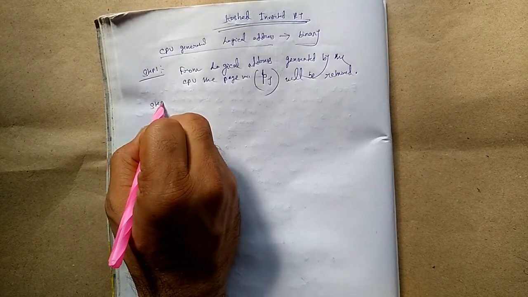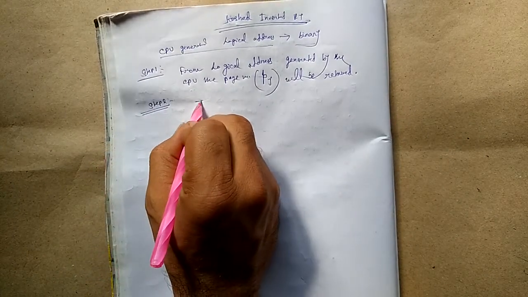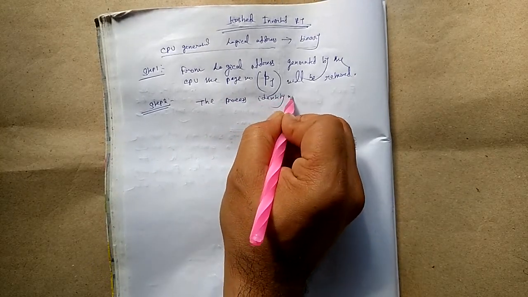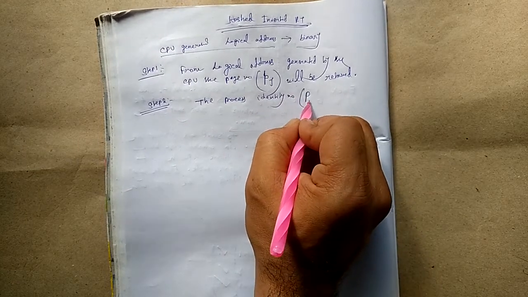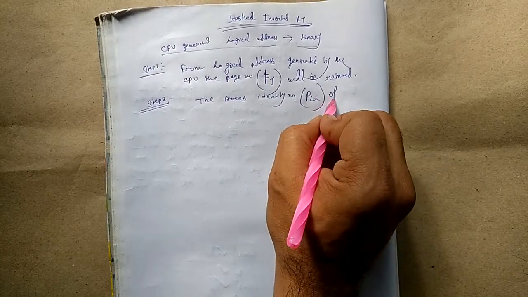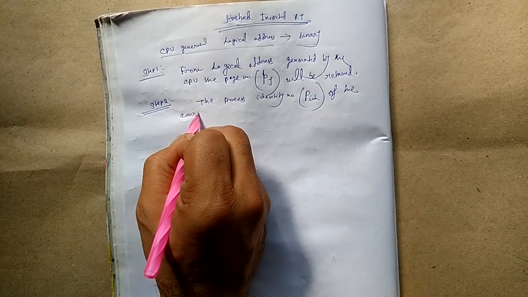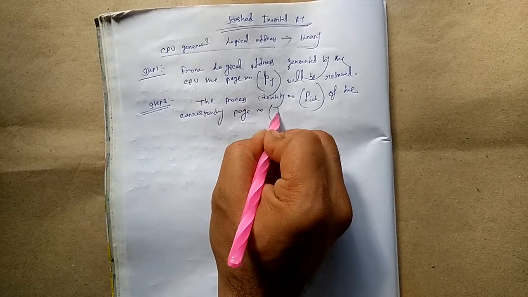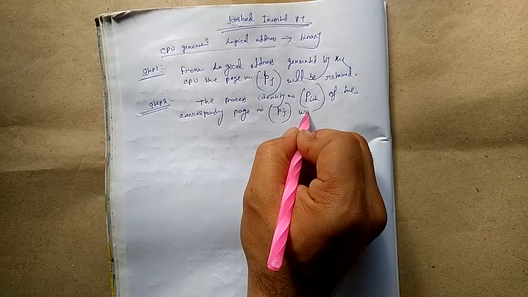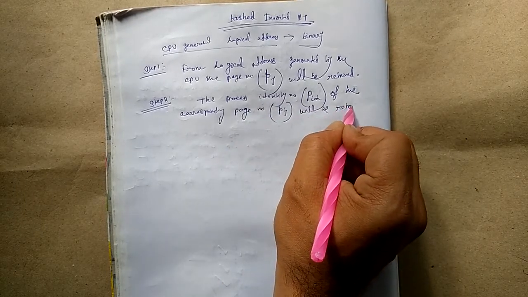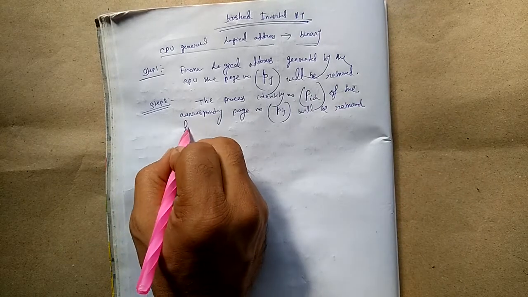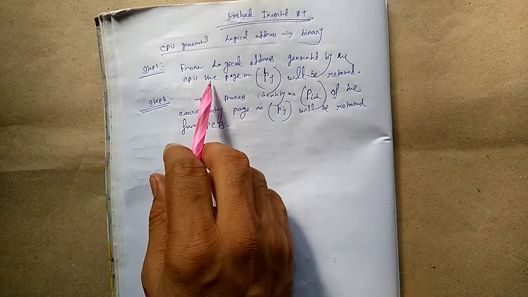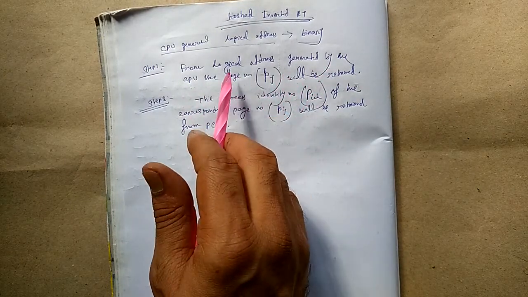Next, step 2, the process identity number, known as PID, of the corresponding page number will be retrieved from the process control block.